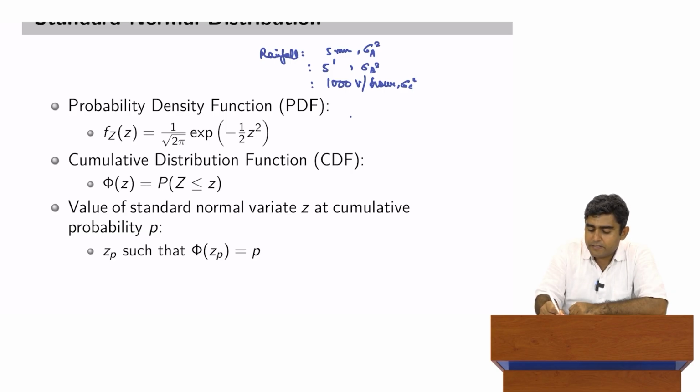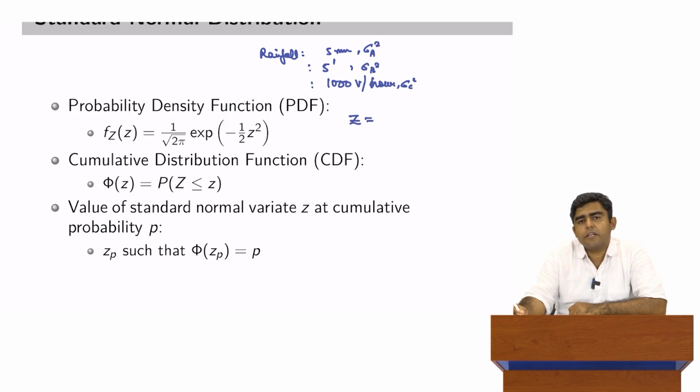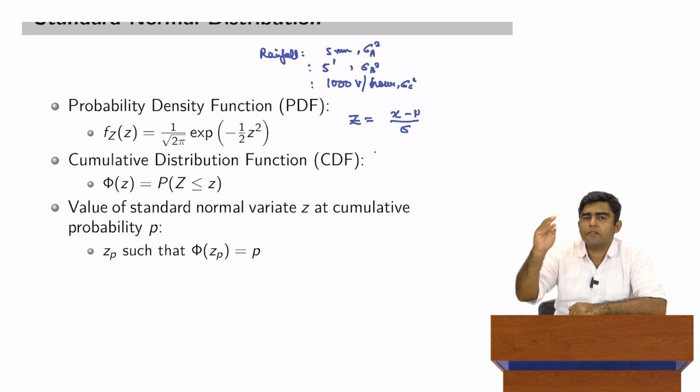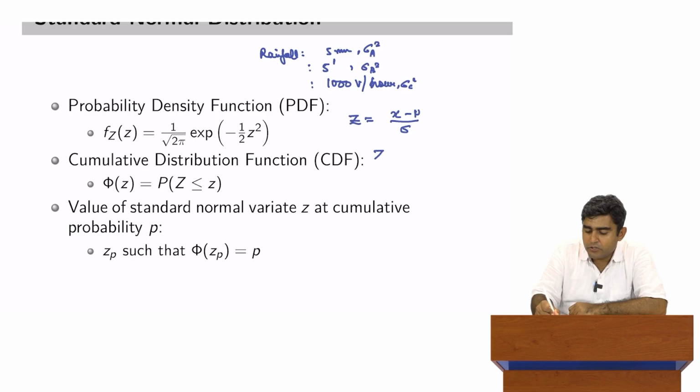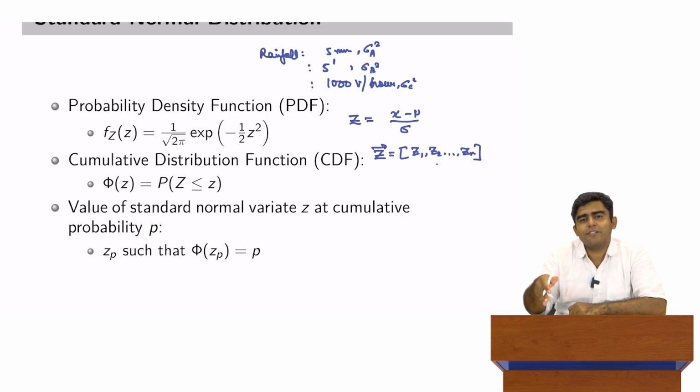instead of dealing with x, we define another variable z, which is the original variable minus mean divided by sigma. We subject each and every sample to the same mathematical operation, that is x minus mu divided by sigma, as a result of which we get a new vector, the z vector, containing our samples z1, z2, zn, which are the same in number as our original vector or original sample size.